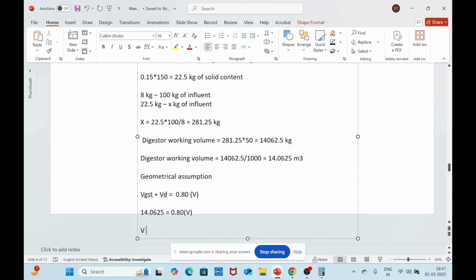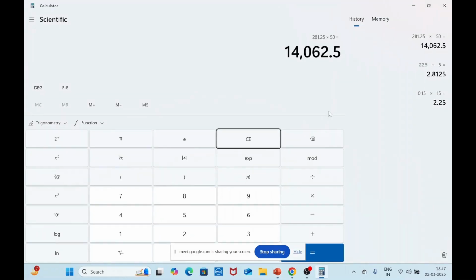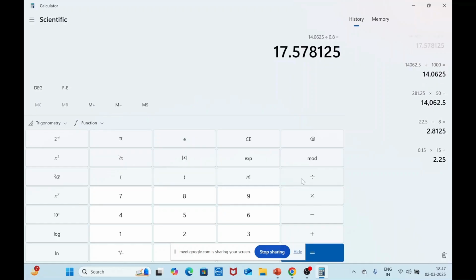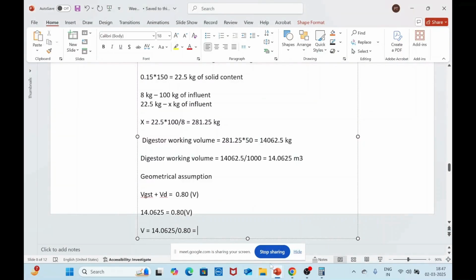So that volume is going to be 14.0625 divided by 0.8. How much is that? 17.57 meter cube.